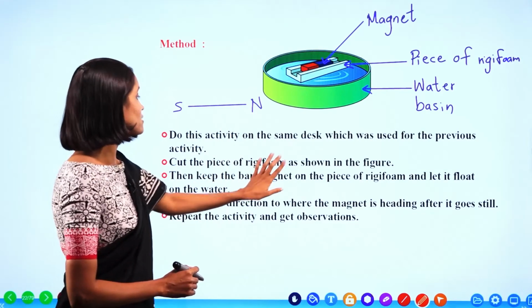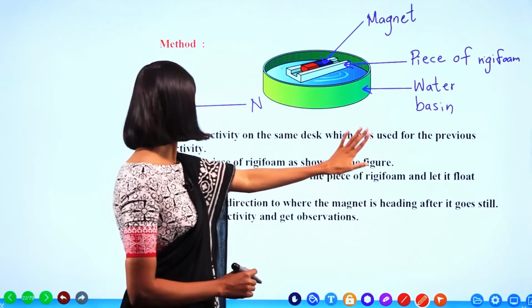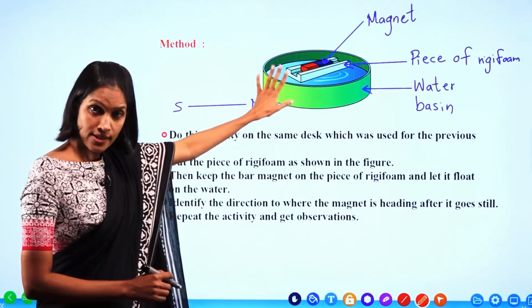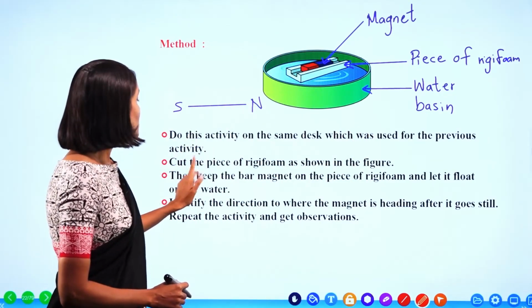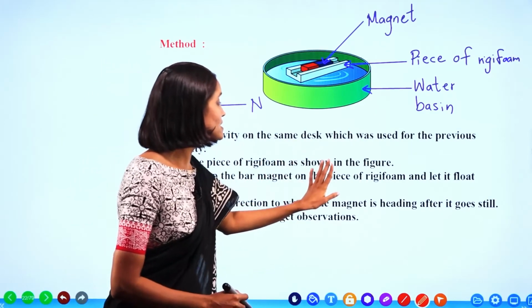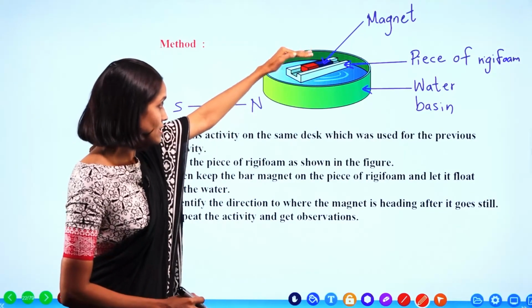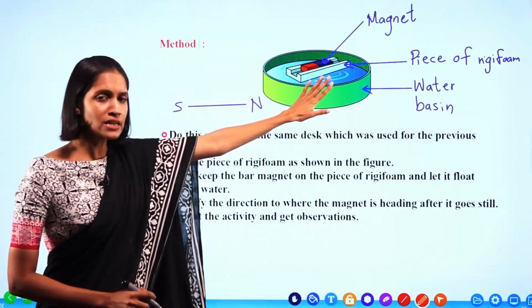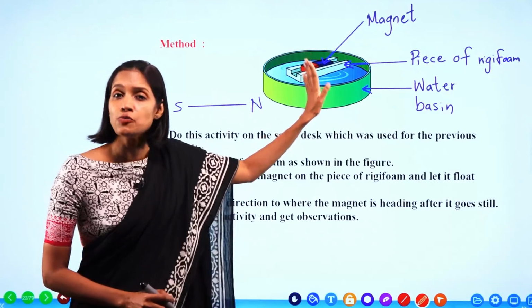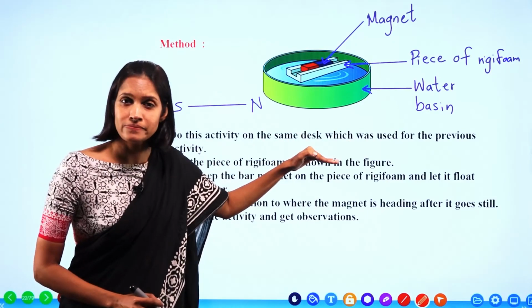Then keep the bar magnet on the piece of rigiform and let it float on the water. Right? Identify the direction to where the magnet is heading after it goes still. When we place it on water, it will start floating and at one point it will become still.